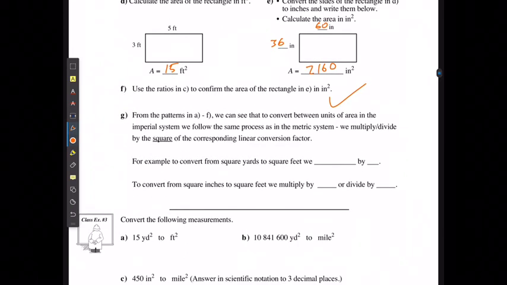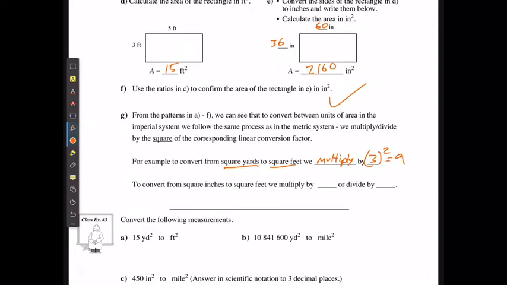From the patterns in this one, we can see that to convert between units in the area and the imperial system, we follow the same process as the metric. We multiply or divide by the square of the corresponding factor. For example, to convert from square yards to square feet, we are going to multiply by that 3 units to the power of 2, or we multiply by 9.